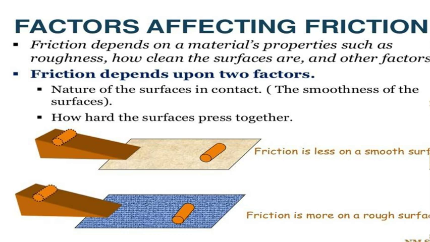Rough surfaces have more irregularities and interlocking is very strong, and hence more force is required to move an object over a rough surface. Smooth surfaces have fewer irregularities, interlocking is weaker, and hence less force is required to move an object over a smooth surface.